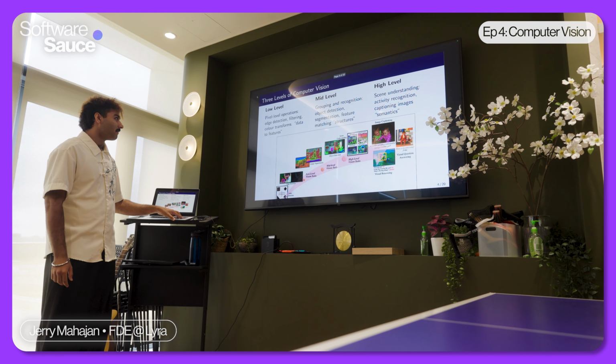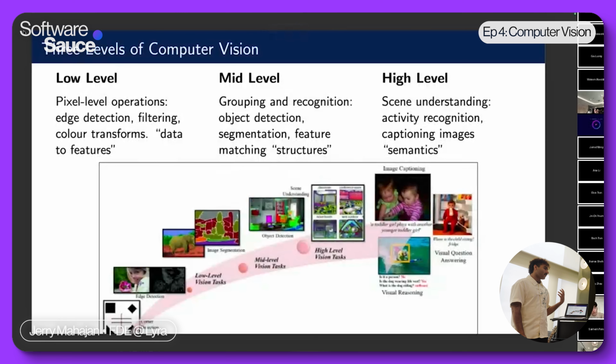And in that, there are three main levels of computer vision: low-level vision tasks, mid-level vision tasks, and high-level vision tasks. Low-level vision tasks, I like to think about as getting features from an image. This is things like extracting where the corners and edges are in an image. Very pixel-level tasks. Then we move on to mid-level vision, where we're starting to get a little bit more structure.